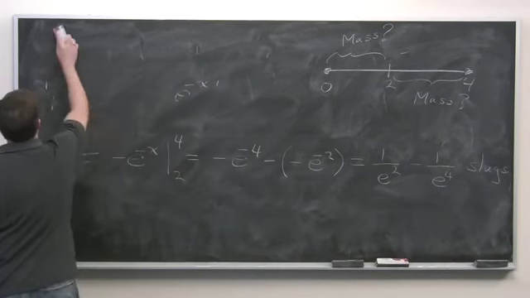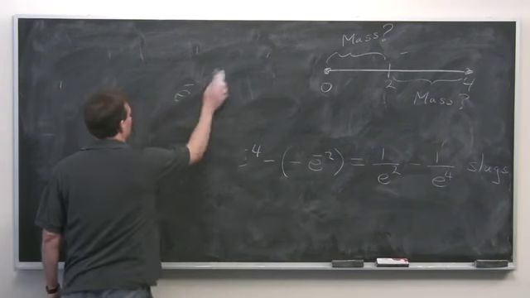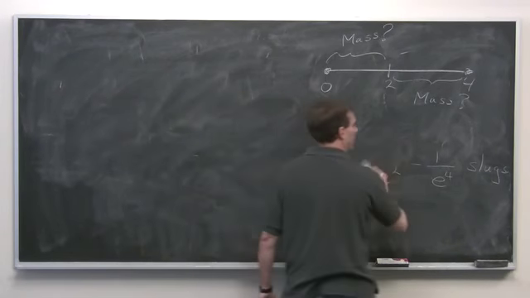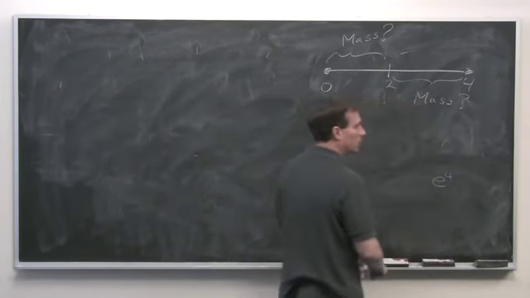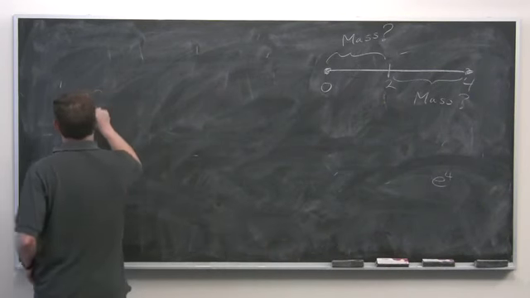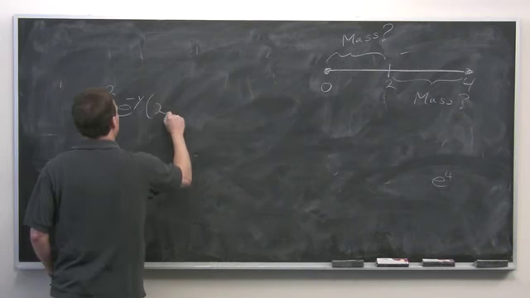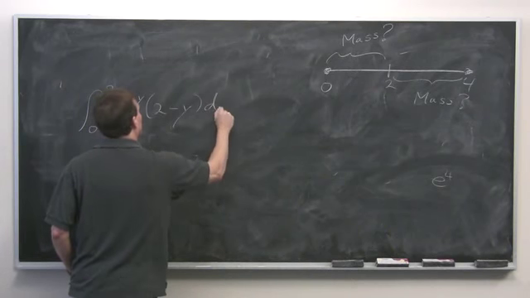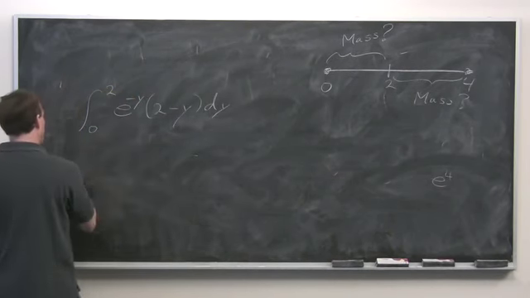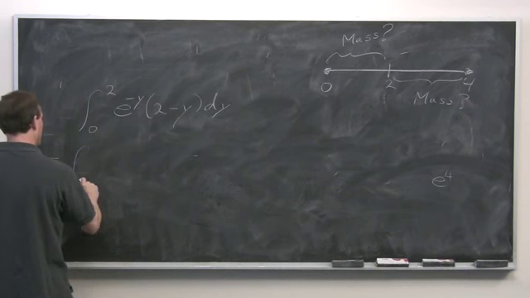To calculate that integral, you need to split it into pieces. You want the integral from 0 to 2 of e to the minus y times 2 minus y dy. You multiply the e to the minus y times both parts.